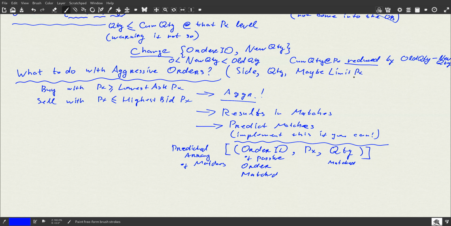If the limit price is not given, we conceptually say that the limit price is, okay, what do we substitute for the limit price if it is not given, if it is a market order?